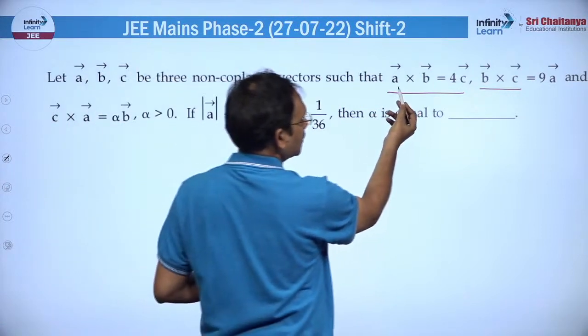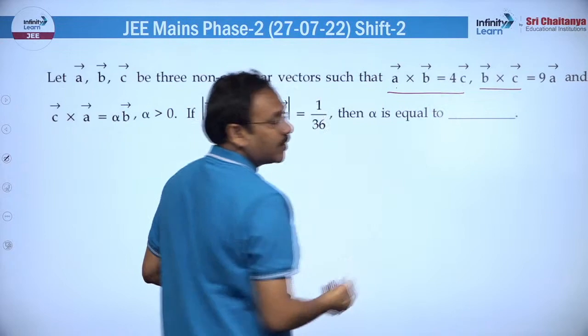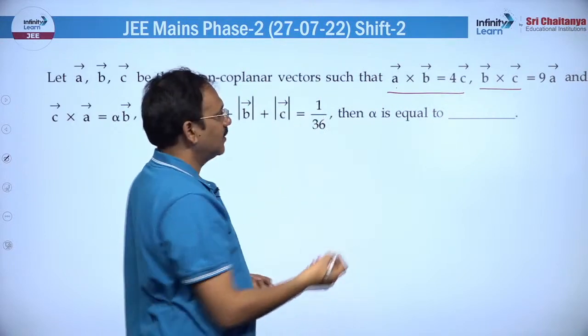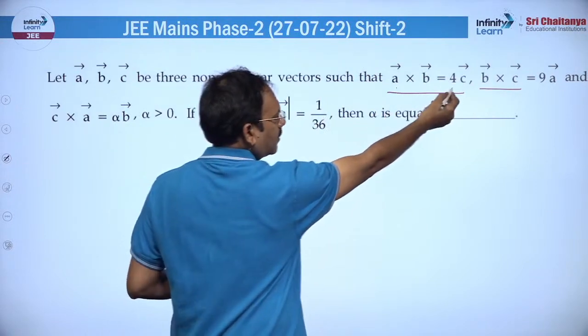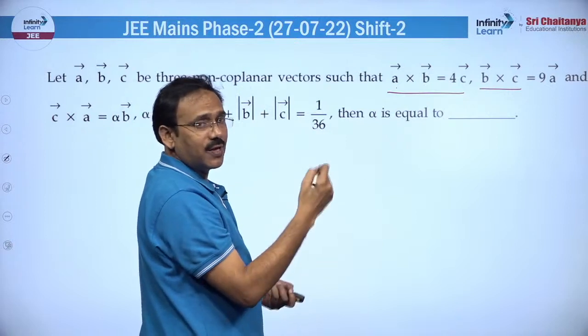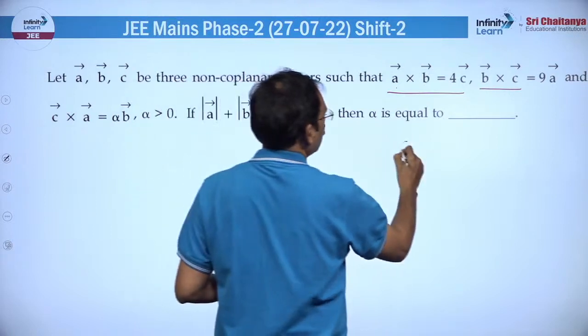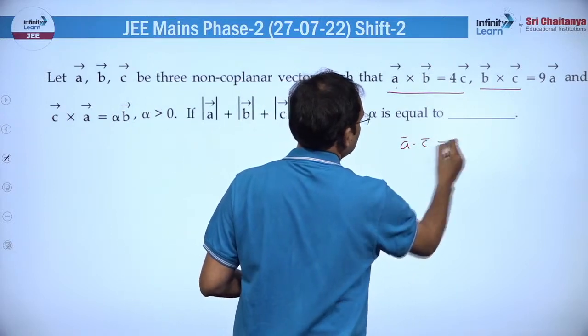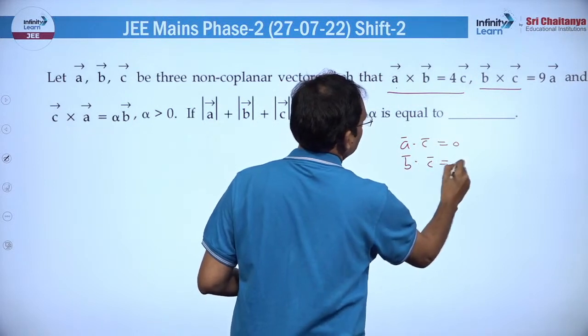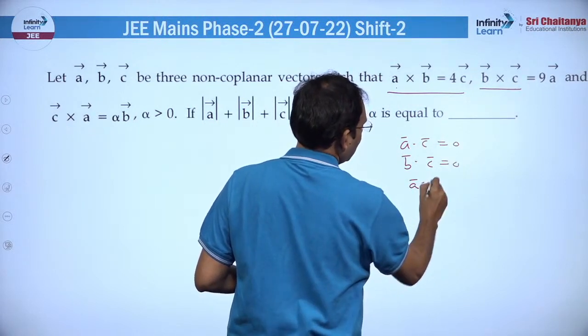First thing, a and b must be perpendicular to c, am I correct? Because a cross b, the output vector must be perpendicular to a as well as b. So you can see a dot c is 0, b dot c is 0, similarly a dot b is 0.